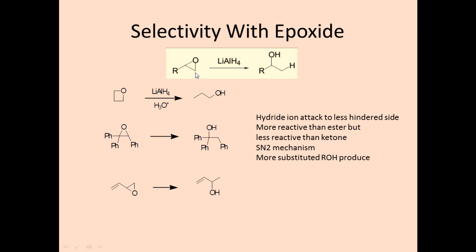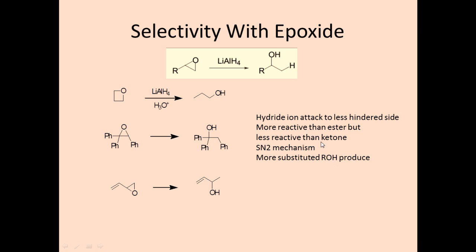The hydride attacks here, and the OH goes to the next carbon. Similarly, in epoxide ring opening, here is also a less hindered site. Hydride is transferred here, and the OH with two phenyl groups is produced. So the hydride attacks the less hindered side, reacting easily, but less reactive than ketones.